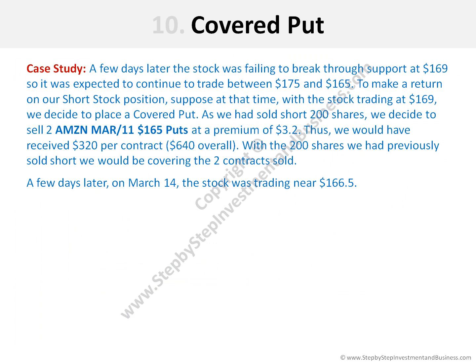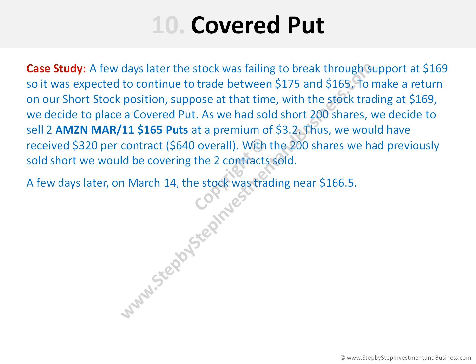To make a return on our short stock position, suppose at that time, with the stock trading at $169, we decided to place a covered put. As we had sold short 200 shares, we decided to sell 2 puts with a strike price of $165 and expiration in March 2011 at a premium of $3.2.